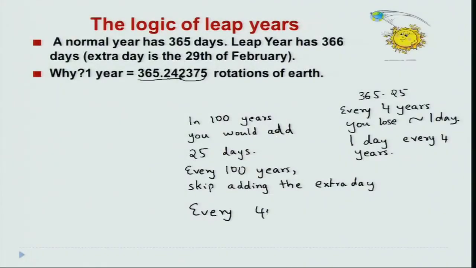So, every 400 years add an extra day. This is the logic of the leap year that we all know. So, how do we decide whether a year will be a leap year?